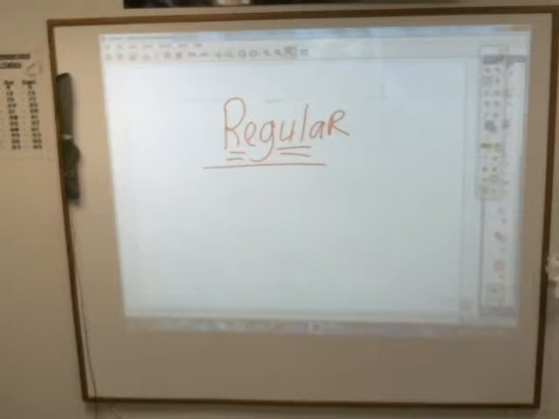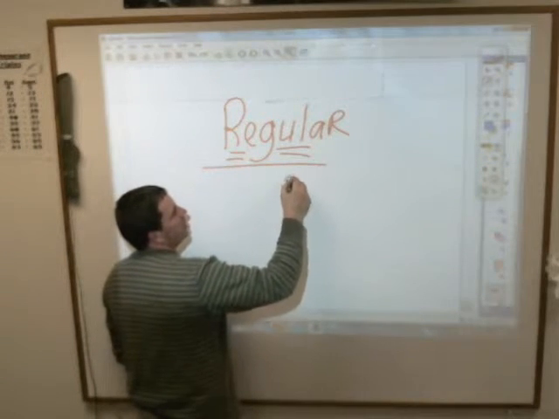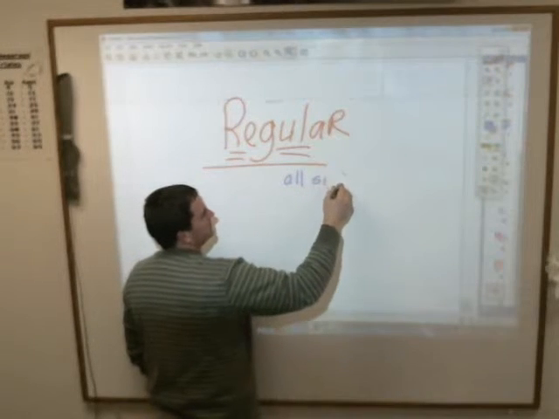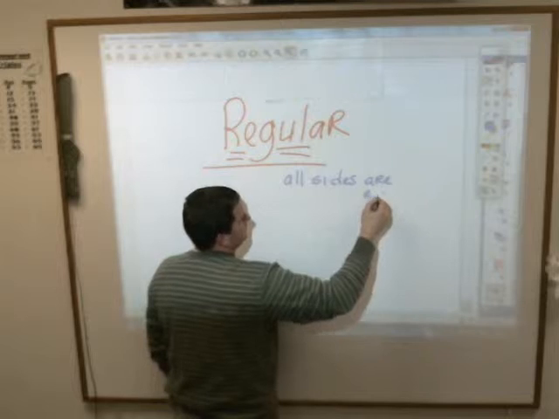Quite often you'll see this word regular in math. When you see the word regular, it simply means this. It means that all sides are equal.